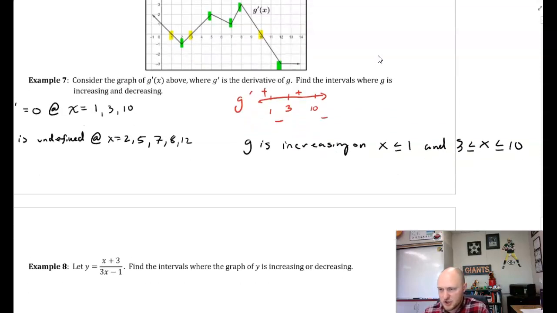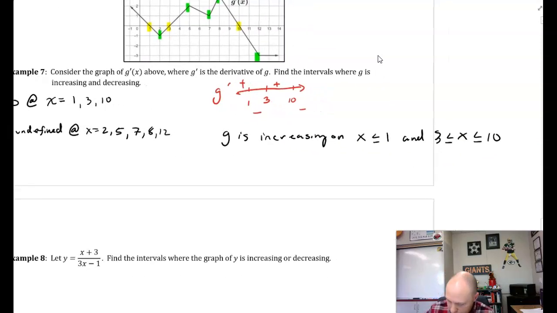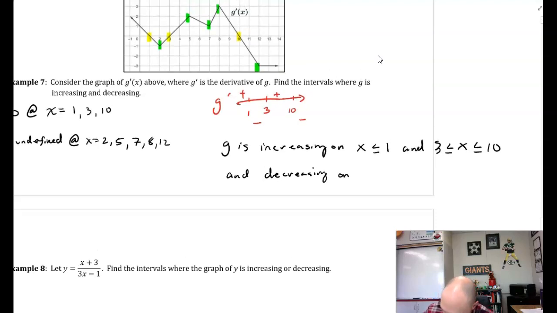Just kind of switching it up to inequality notation on you. And decreasing on 1 to 3, and x is greater than or equal to 10.